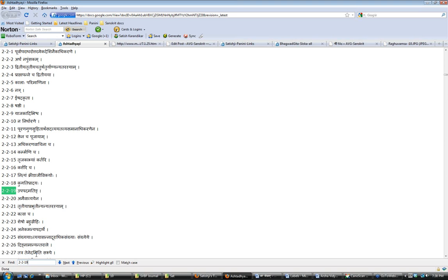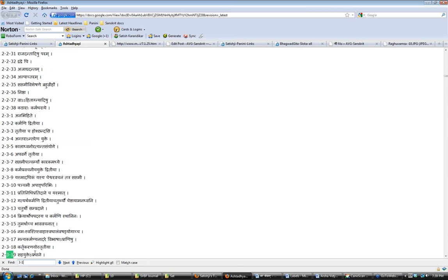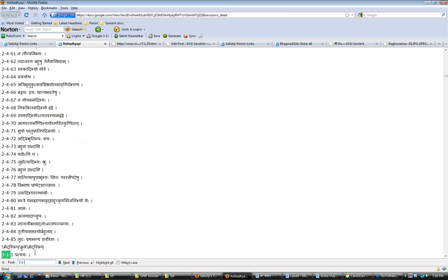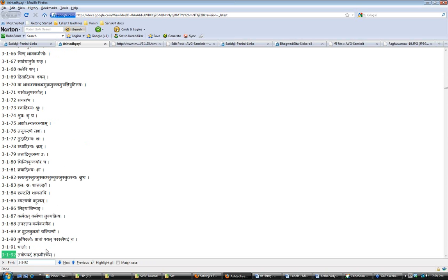Now, how do you know which upapadas are qualified to compound with which dhatus, with which pratyaya? All that is a topic of the third chapter of Panini, which says tatropapadam saptami stham. So as soon as you do 2.2.19, immediately come to 3.1.92, tatropapadam saptami stham.